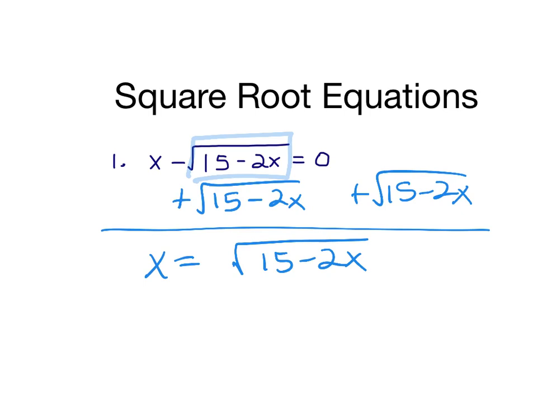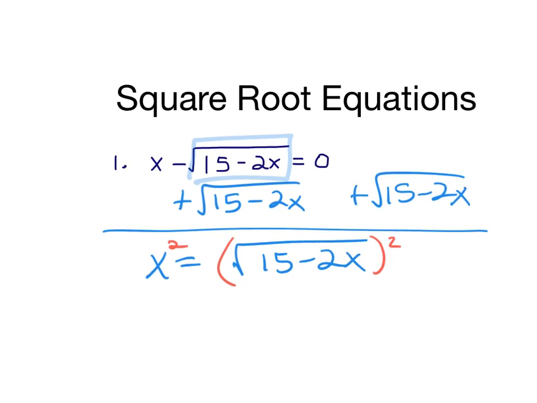So now, once your radical is isolated, step number 2 is to raise both sides of your equation to the same index power. So again, it's a square root, so I'm going to square both sides of my equation. I'm keeping things balanced. Whatever I do to the left, I can do to the right.